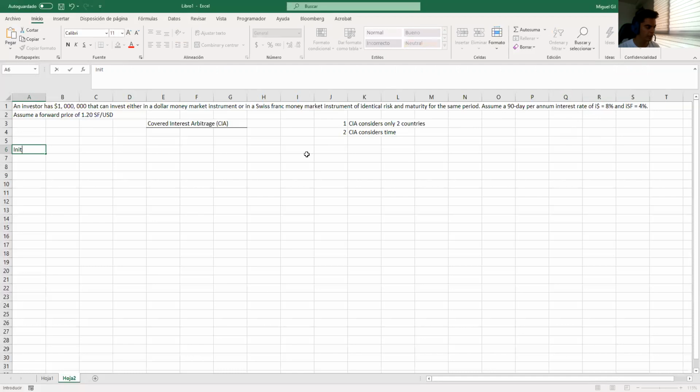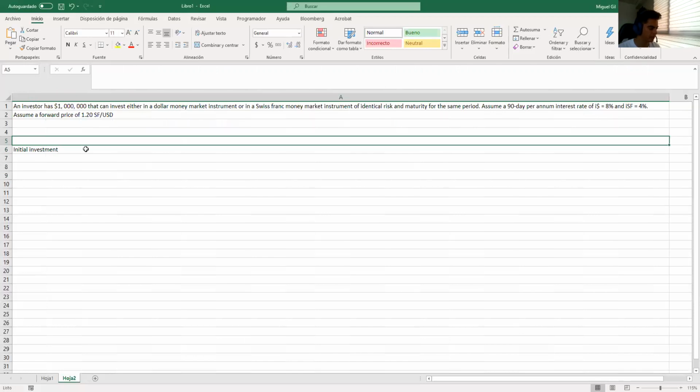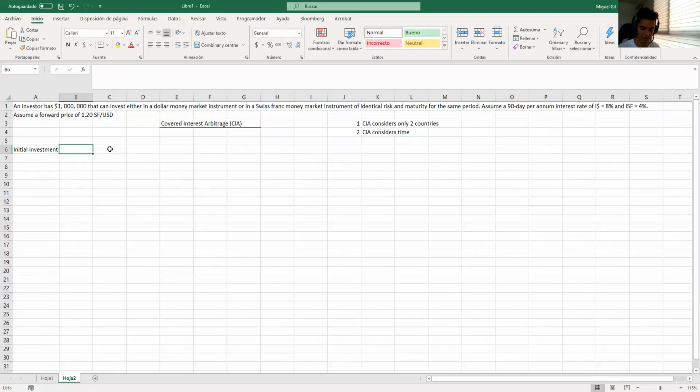First, the initial investment is $1 million. Let me write in here, 1 million, and this is dollars, okay? That's the initial investment. Second thing is the interest rate of the Swiss franc is 4%. And again, it's an annual rate. Does it say here that it's annual?